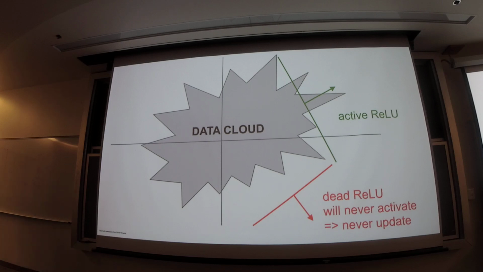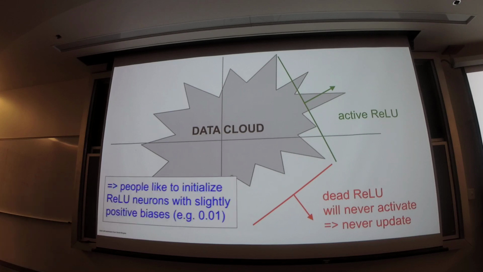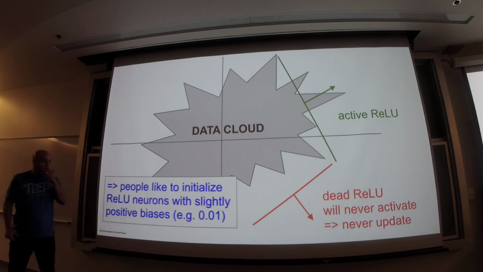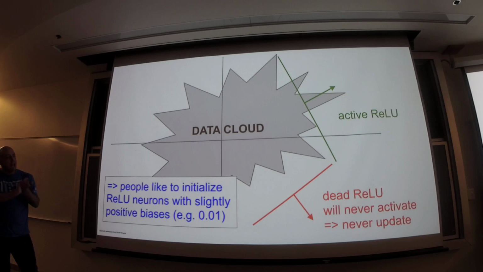Yeah. So if that's not right, what would be right? We want to get everything to just push a little bit over 0, right? So that there is some gradient. So we want to initialize the weights so that there's some positive bias of the output in that direction.